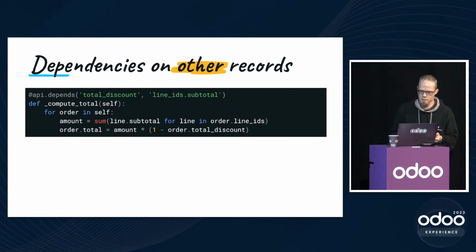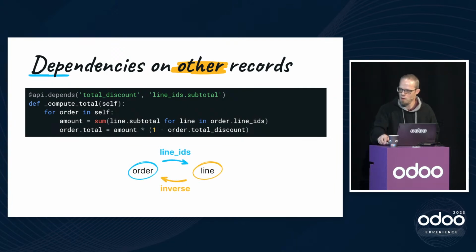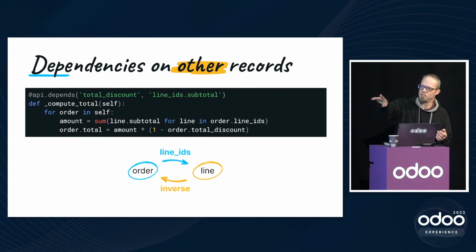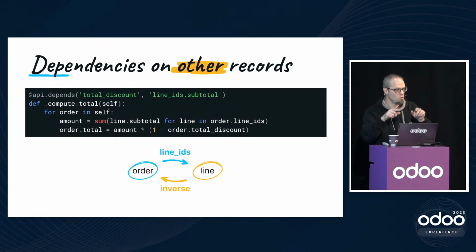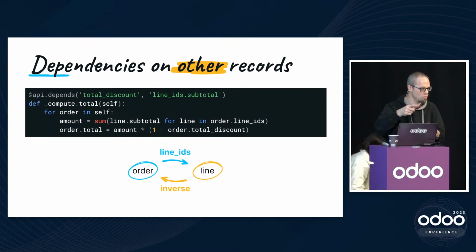And what happens is the sales order depends on sales order lines. This is the line IDs. This is the dependency. This is the line IDs you find here. And if you modify the subtotal, so if you modify one of those on some line, the framework will have to figure out which sales orders I have to recompute the total for.